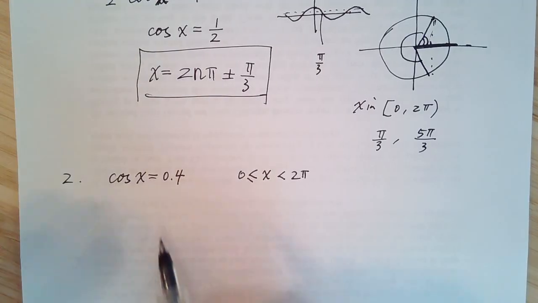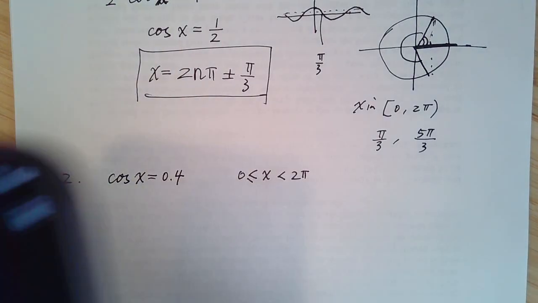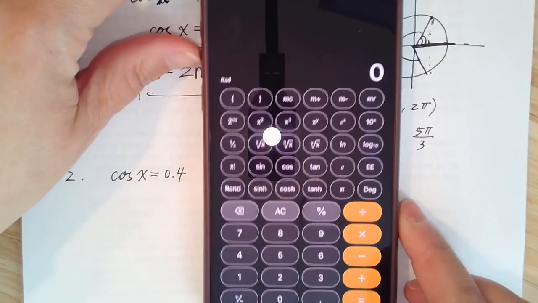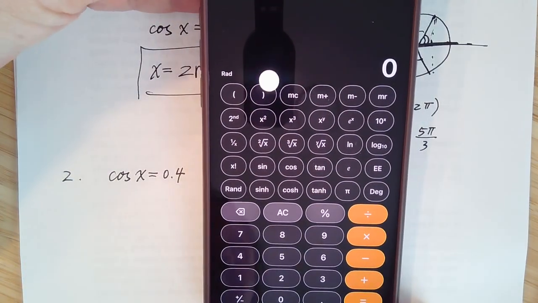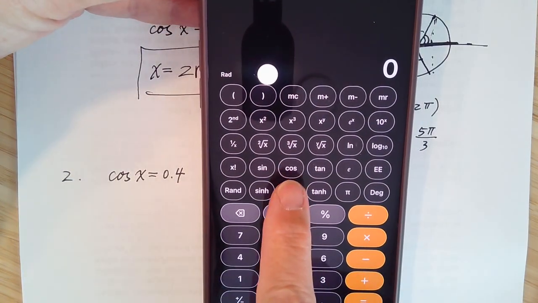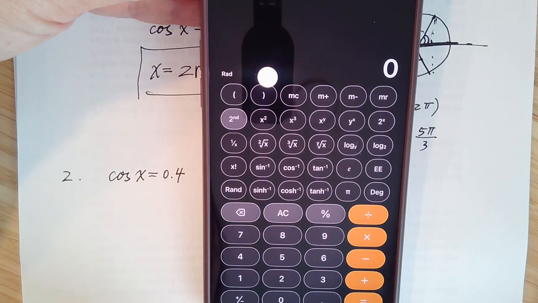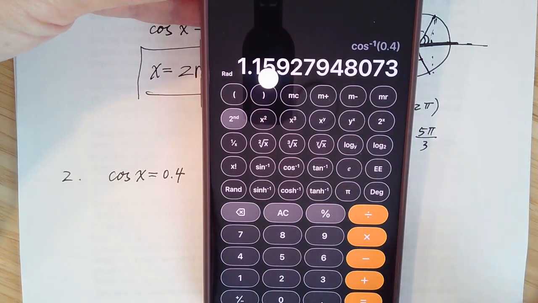If you're looking for x, you should use the calculator. Did you see that you only have a cosine here? So you click second, and you get a cosine inverse. So you do 0.4 and then cosine inverse of it, equals.